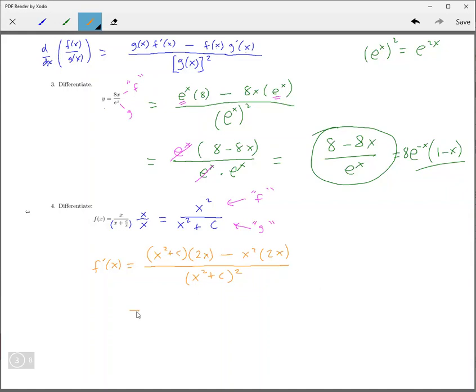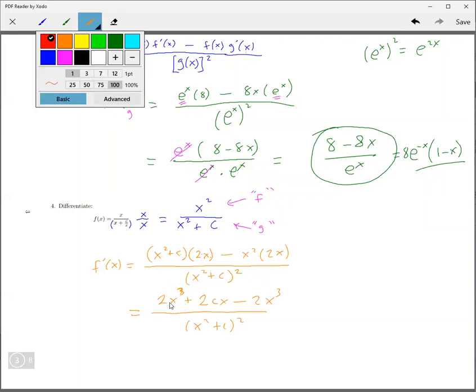Like that. Okay, so now if we distribute this in, we have 2x cubed plus 2cx. Okay, so that's this times this, it's 2x cubed. This times this is 2cx. Minus 2x cubed. Okay, wow, I'm hurrying really quick. Now, I get to cancel some things.